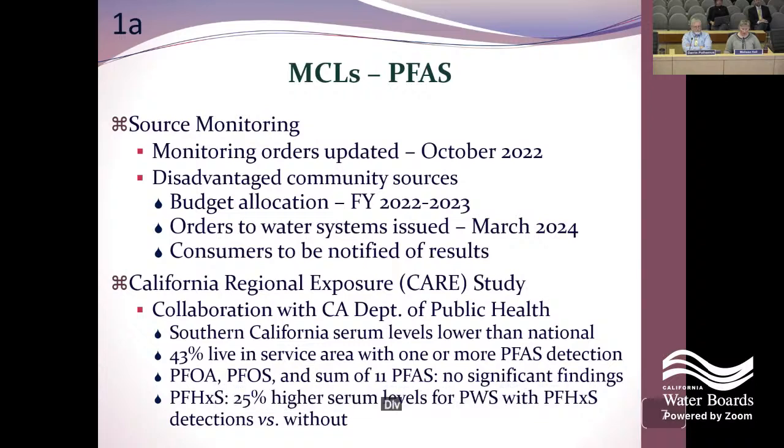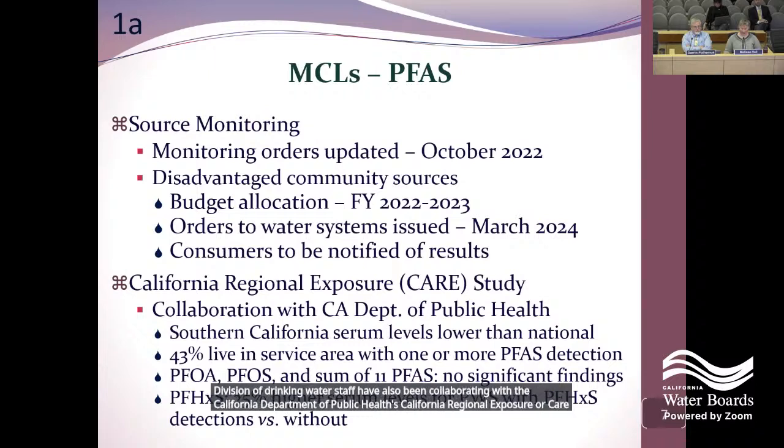Division of Drinking Water staff have also been collaborating with the California Department of Public Health's California Regional Exposure, or CARE, study on PFAS, which evaluated correlations between exposure to PFAS through drinking water and blood serum levels.